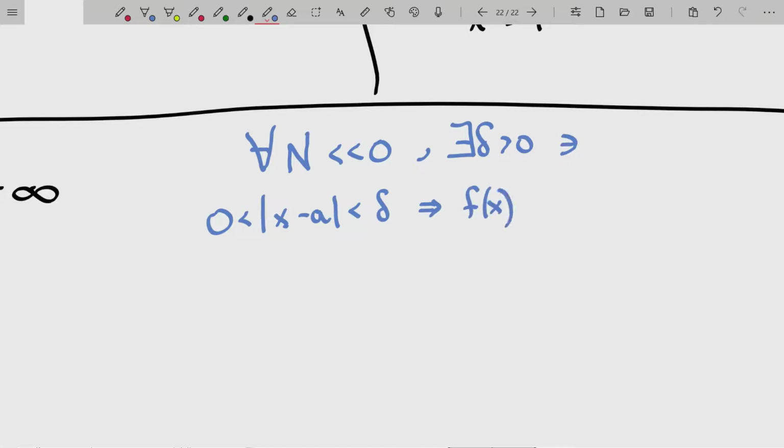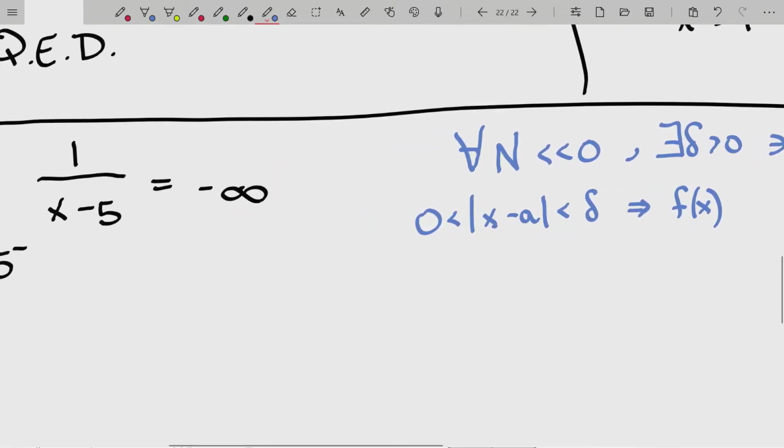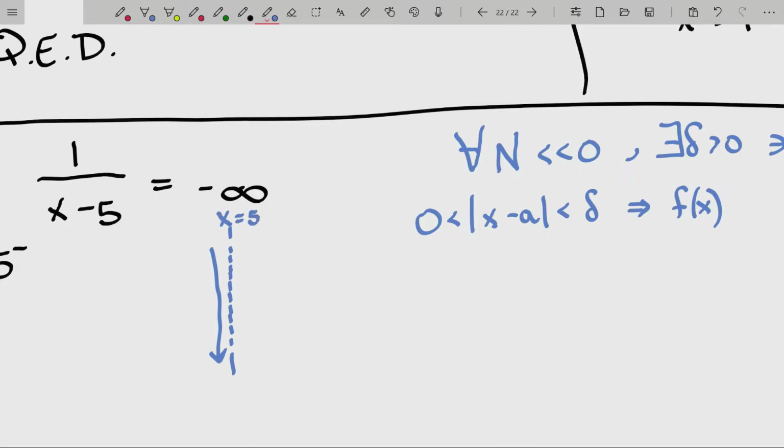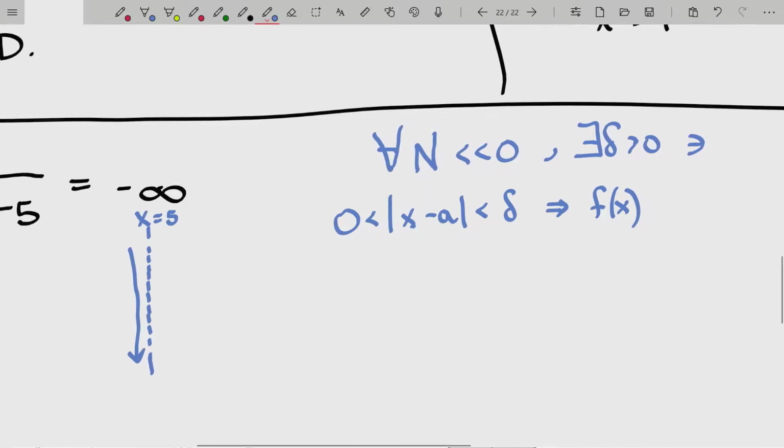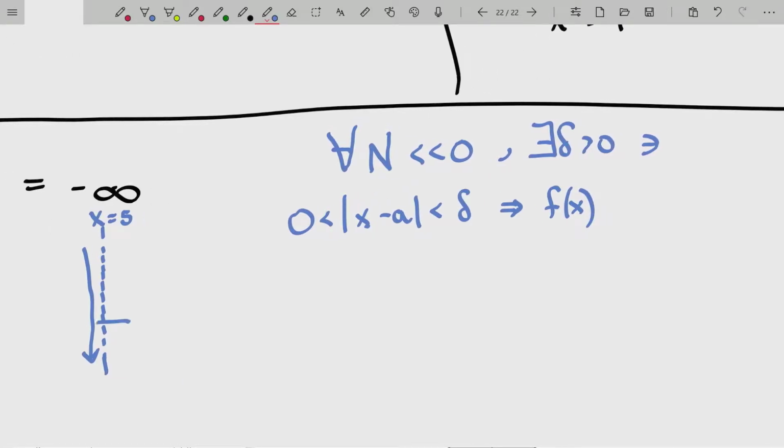Now think about this graphically. They're telling me my function's diving down on the left side of x equals 5. Well, then obviously they're challenging me with a height of N. They're saying, I bet you can't get below this.